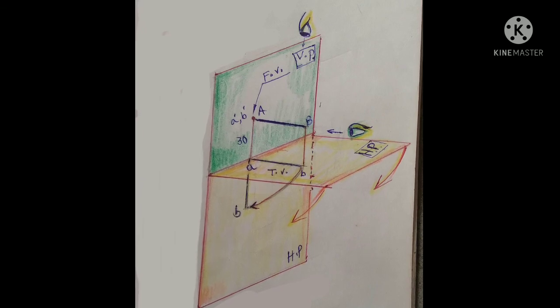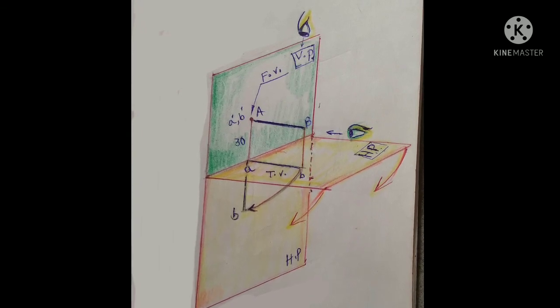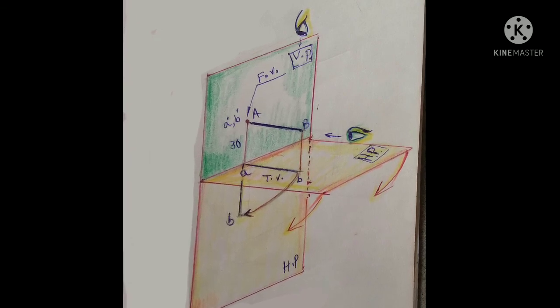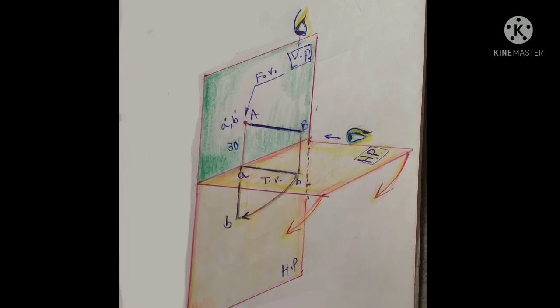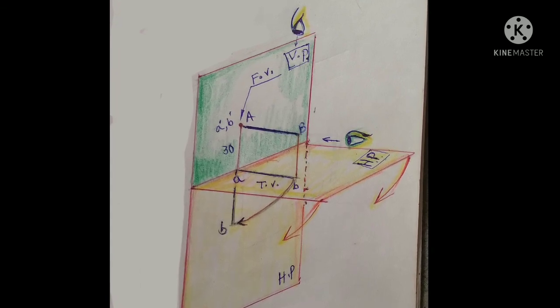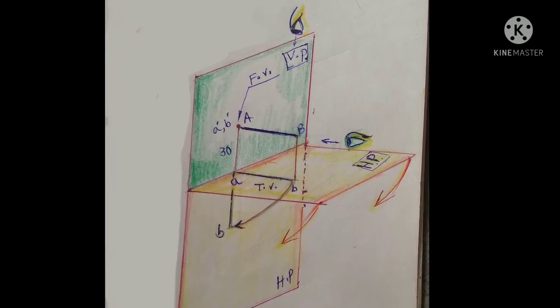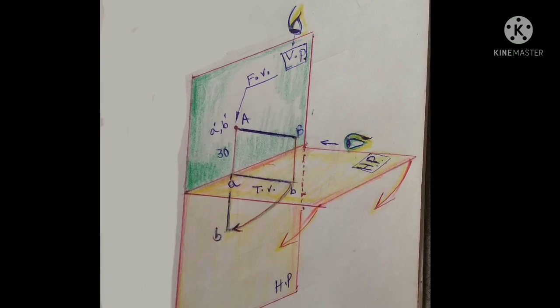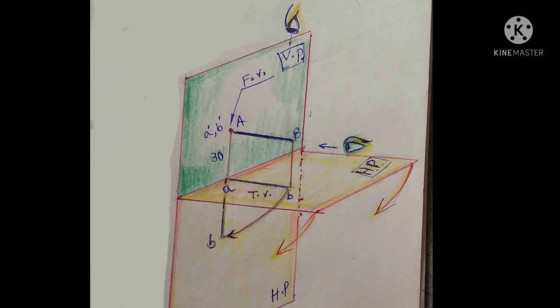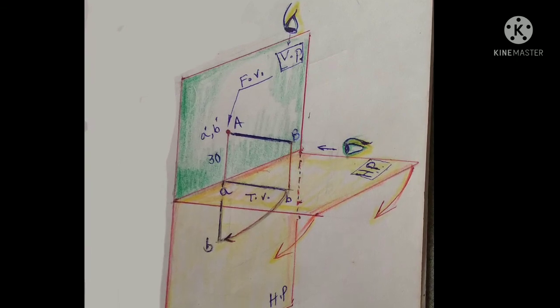In this way, practically, we will try to understand the second problem of straight line. For this, we draw a rough sketch to understand clearly. Now, we arrange the problem between the two planes. Here, we can see that the line AB is parallel to the HP and at the same time perpendicular to the VP.